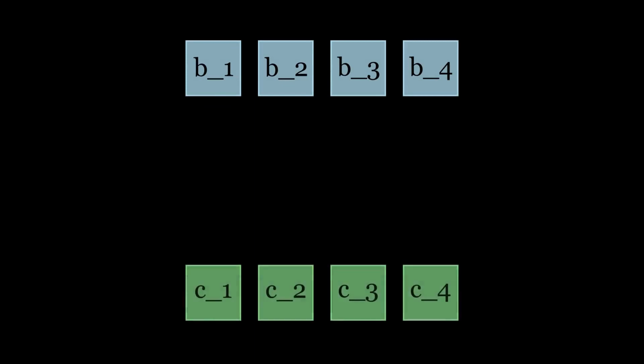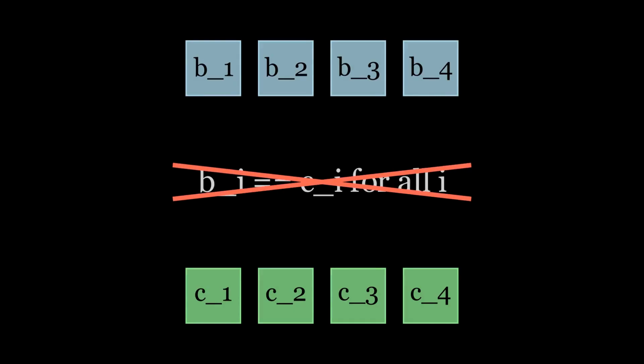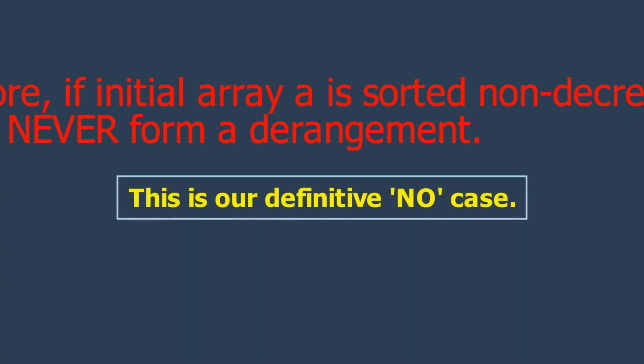And as per our derangement definition, if an array B is sorted, its sorted version C will be identical to B. This means B sub I will always equal C sub I for all I, directly violating the derangement condition. Therefore, if the initial array A is sorted non-decreasingly, we can never form a derangement. This is our definitive no case.